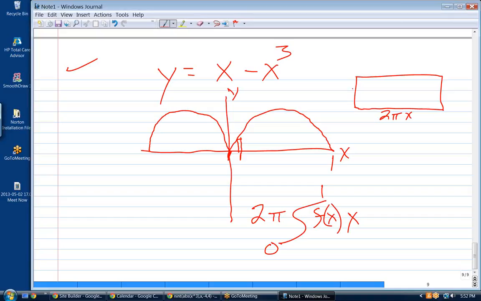And then the height of this cylindrical shell is y, or x minus x cubed. So I want to take the integral of f of x, which is x minus x cubed, times x dx. And that's the setup. And then, of course, we just distribute that and integrate using the power rule.